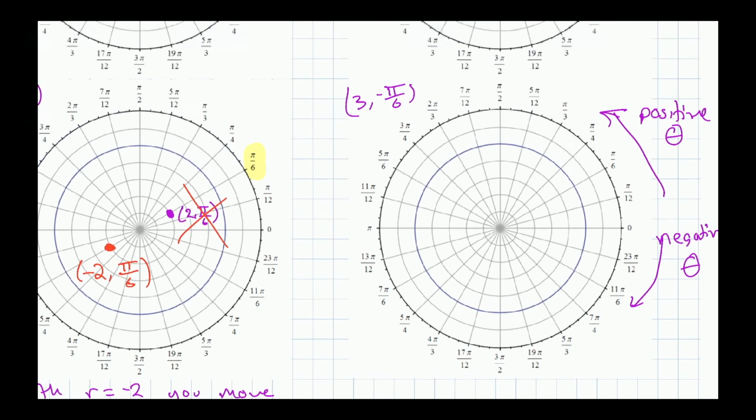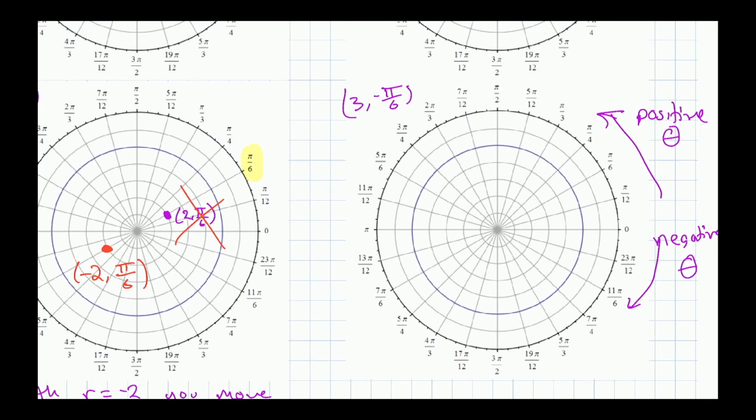But you get the idea, right? So if we want to plot negative pi over 6, then we're going to be going in the negative direction. So on this graph here, 0 is here, and then we're counting by 12s on this graph paper. So it goes pi over 12, pi over 6. So it's 2 notches up, right? So if we're going negative pi over 6, instead of going 1, 2 up, we would go 1, 2 down.